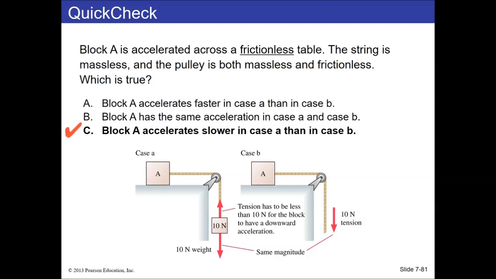Because if we look at case A also, it's 10 newtons going down, right? But the tension going up is less. So the F net is different there too. But that's ultimately due to mass. So there's less mass in case B. The F net going downwards is different. So having a mass there, not having a mass there actually does result in a pretty different outcome.